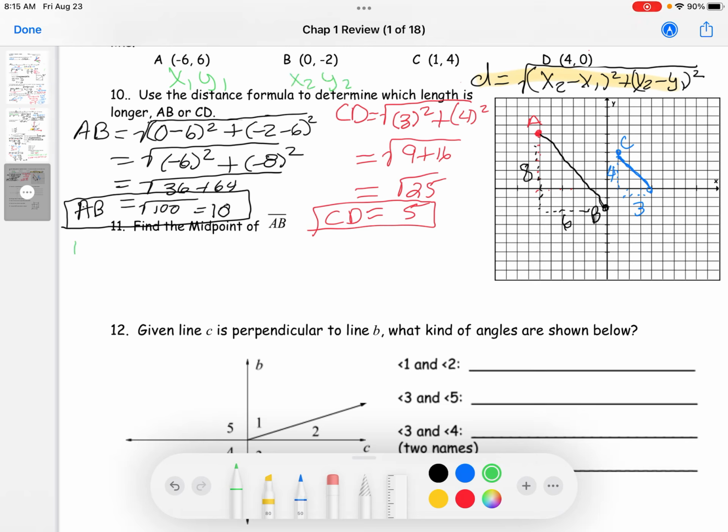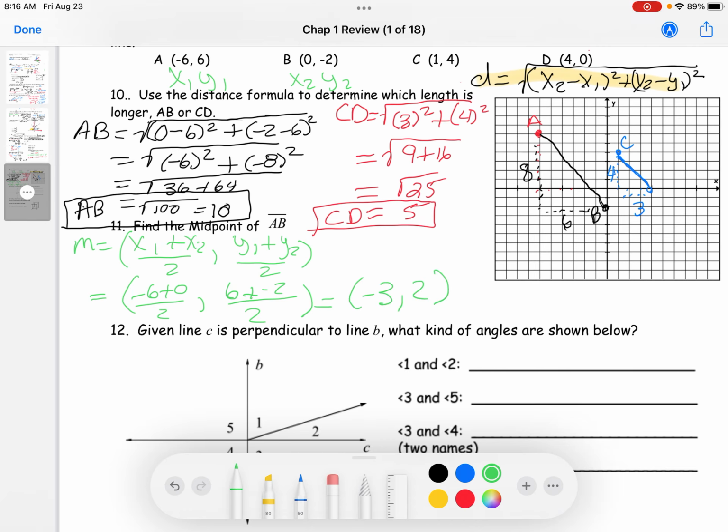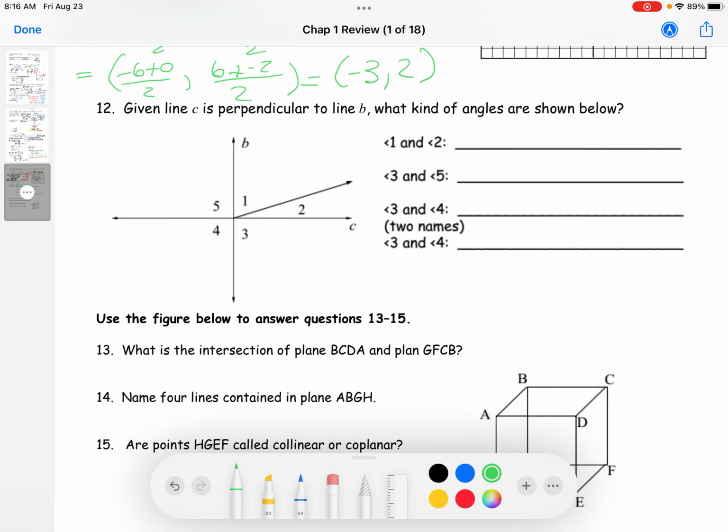The midpoint formula is m equals x1 plus x2 divided by 2, comma, y1 plus y2 divided by 2. So I'm going to plug in the numbers that I have. I've got negative 6 plus 0 divided by 2, comma, 6 plus a negative 2 divided by 2. And that should give me negative 3, comma, 2 as my midpoint. Okay, number 12.